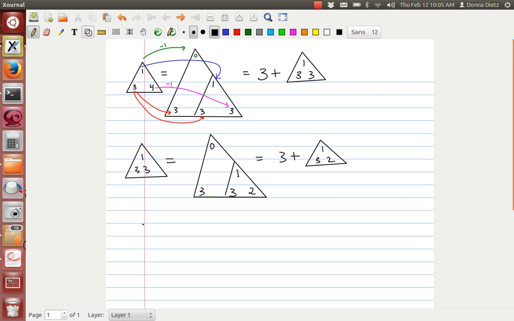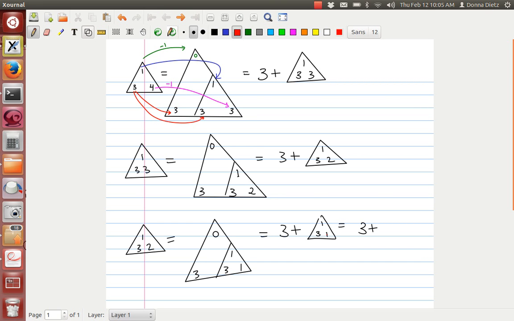And I don't know what triangle 132 is, but I have my special rule that I can follow: follow the red arrows first, then follow the blue arrow, then follow the green arrow, and then follow the purple arrow. So we are 3 plus triangle 311, but this is a special rule.